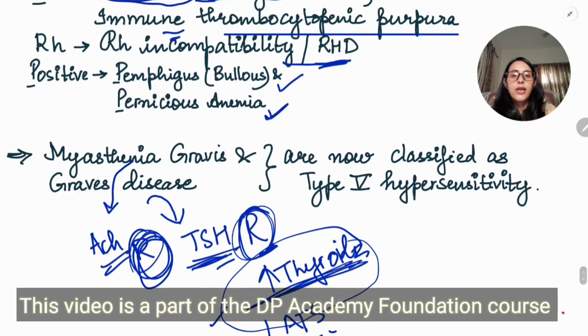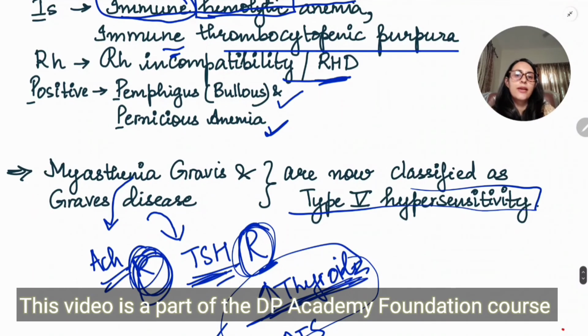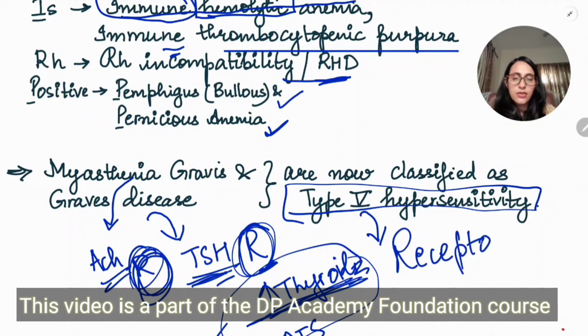That is why we have classified them under type 5 hypersensitivity reaction. In type 5, antibodies are against the receptors, which you need to remember. Examples of type 5 hypersensitivity are the two Graves: myasthenia gravis and Graves' disease.